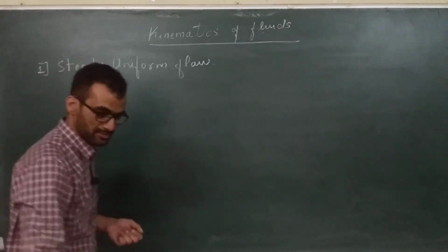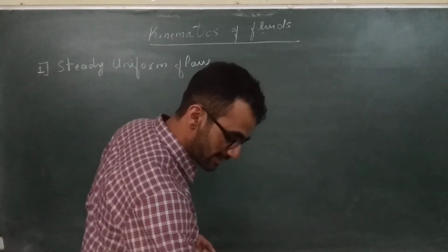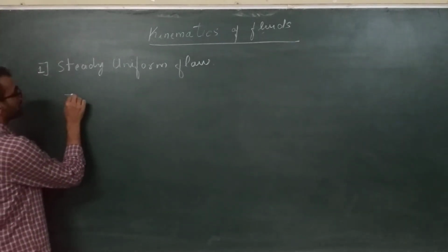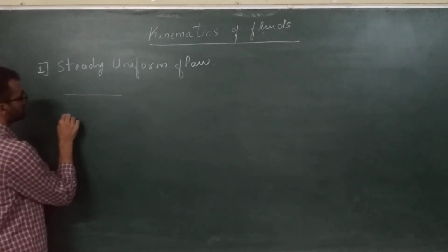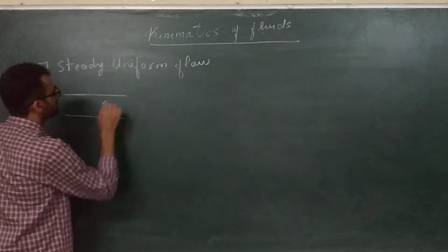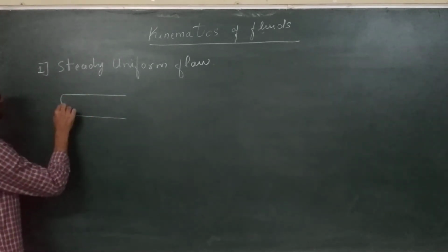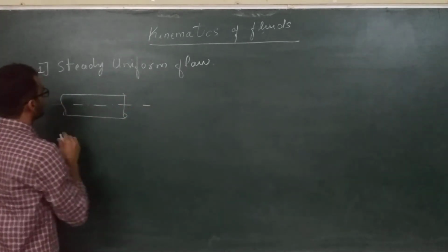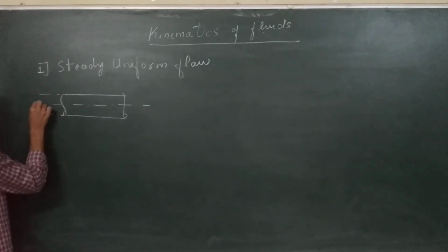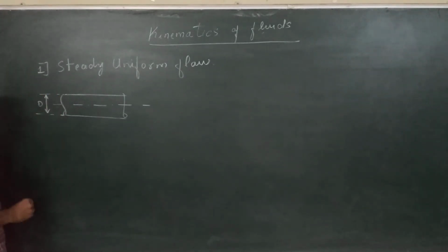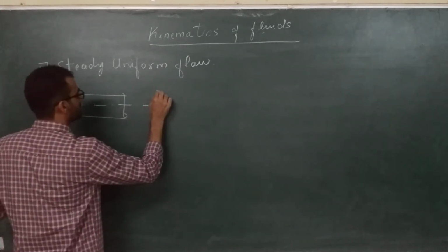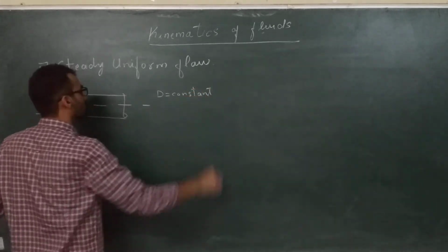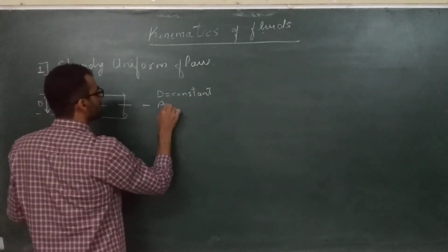So what can be an example of this steady uniform flow? Let's say you have a pipe and its diameter is constant. So you have constant diameter, and constant diameter means area is constant.